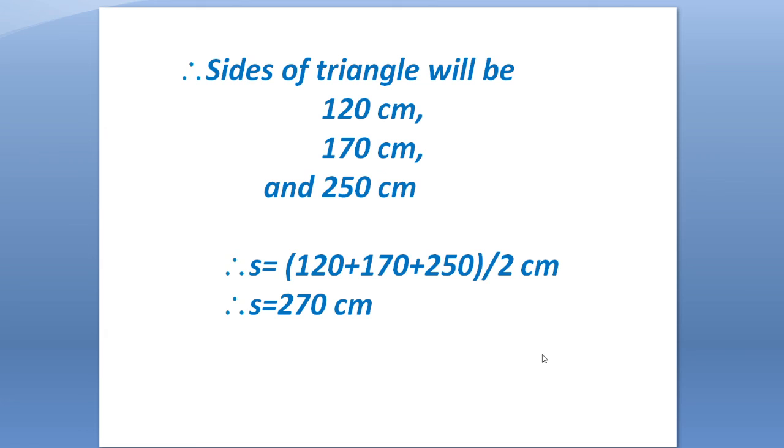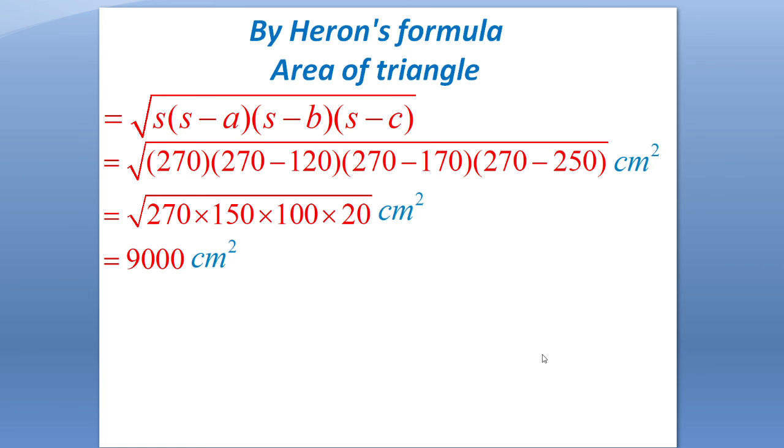So we have S and all three sides A, B and C. A is 120, B is 170, C is 250 and S is 270. So we can easily use Heron's formula. Area of triangle is equal to under root S into S minus A into S minus B into S minus C. So 270 into 270 minus 120 into 270 minus 170 into 270 minus 250 centimeters square.